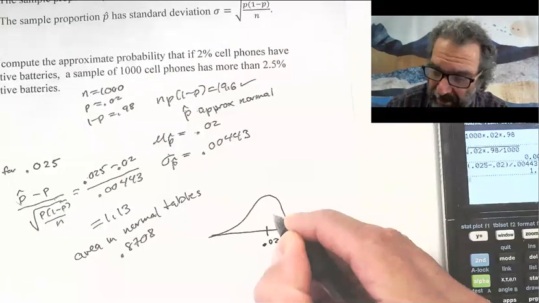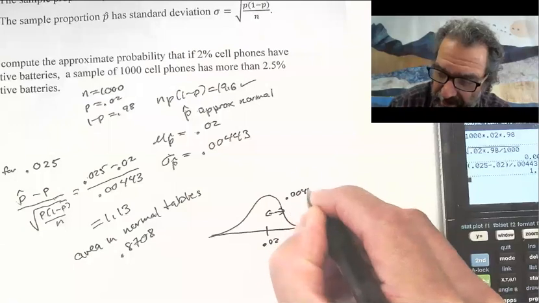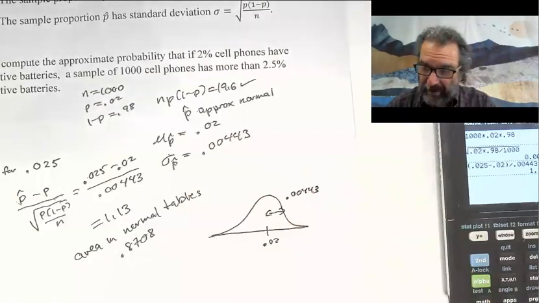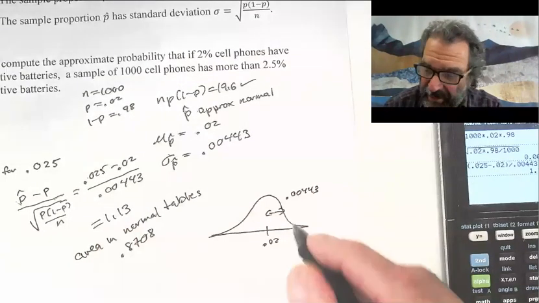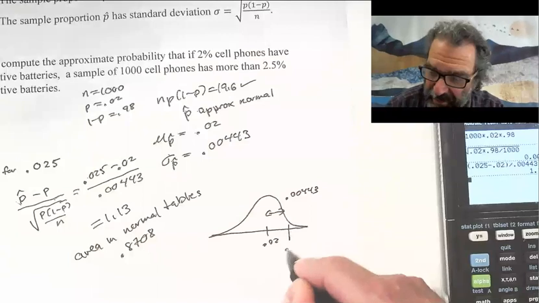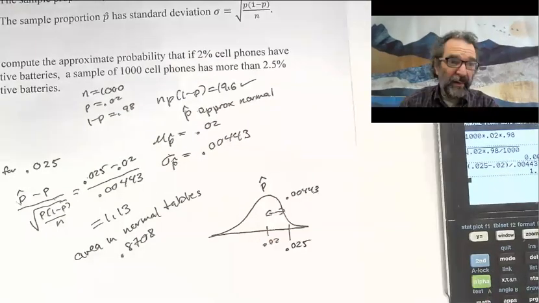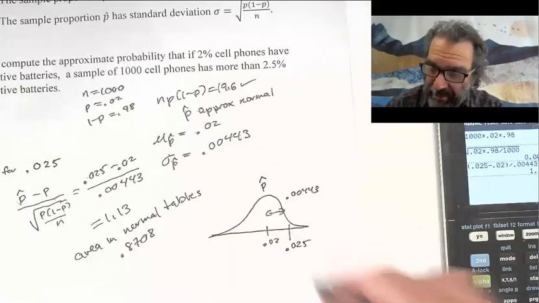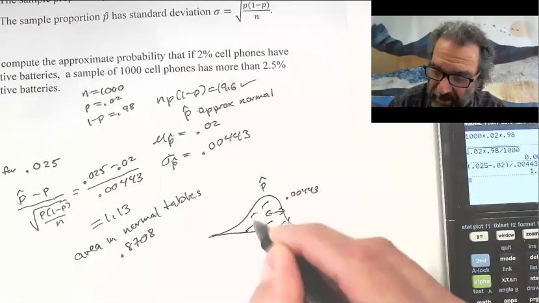The standard deviation is 0.00443. And then we found that 0.025 was about one standard deviation above the mean. So maybe it's here, 0.025. This is the picture of p hat itself. And then we looked in the tables and we found the chance of being less than, which is down here, is 0.8708.